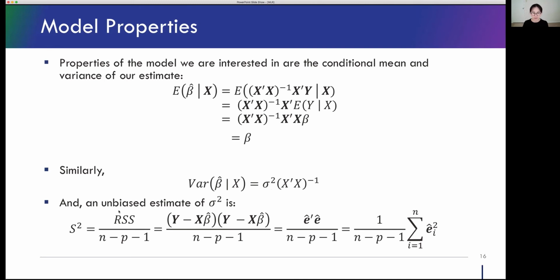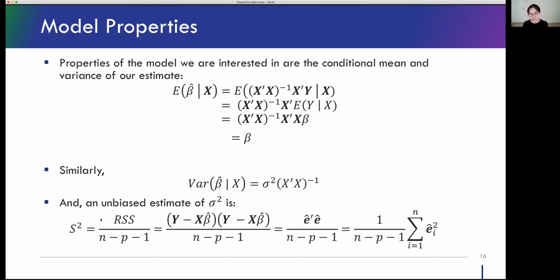And the unbiased estimator of sigma square is this s squared, which is your residual sum of squares divided by the degree of freedom. This might remind you of the sample variance, where you might have wondered why you have this n-1 underneath in your formula.